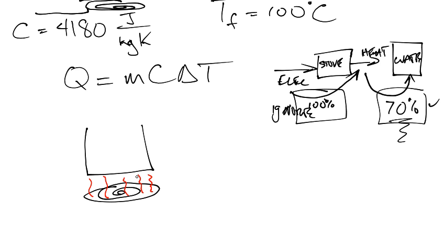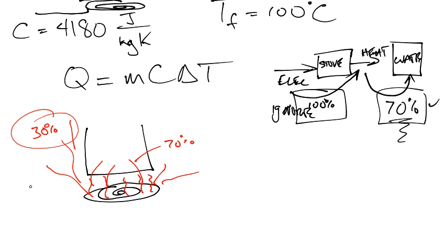Well, some of it definitely does make it into the water, but let's say only 70% makes it into the water, and 30% is basically used to heat up your kitchen.